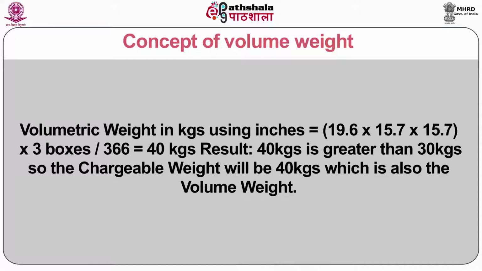Volumetric weight in kgs using inches equals 19.6 into 15.7 into 15.7 into 3 divided by 366, equal to 40 kgs. Result: 40 kgs is greater than 30 kgs. So the chargeable weight will be 40 kgs, which is also the volume weight.